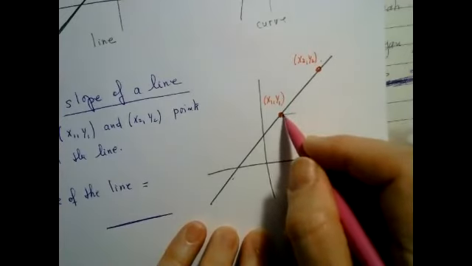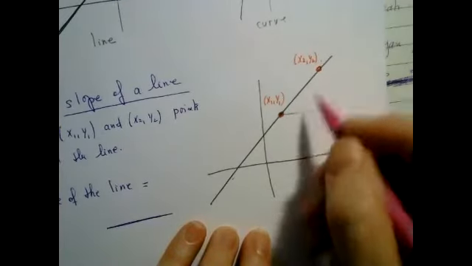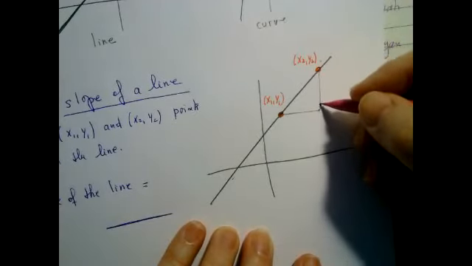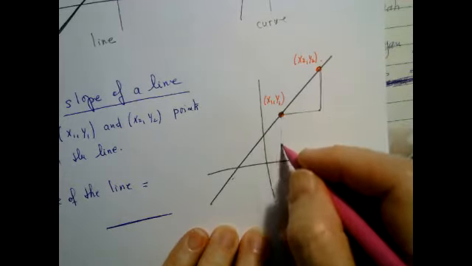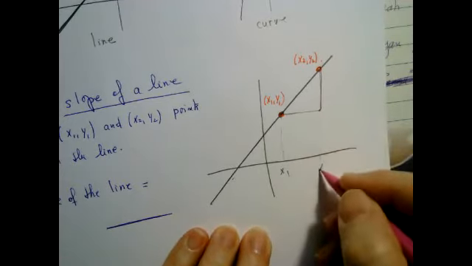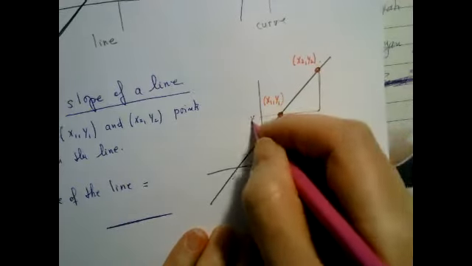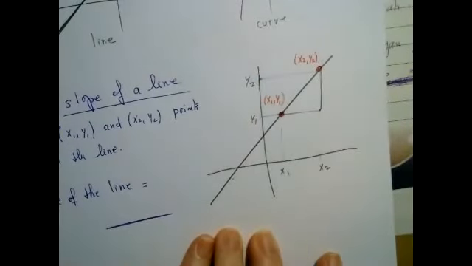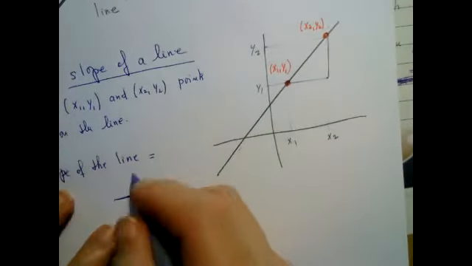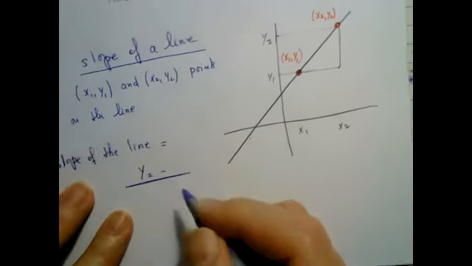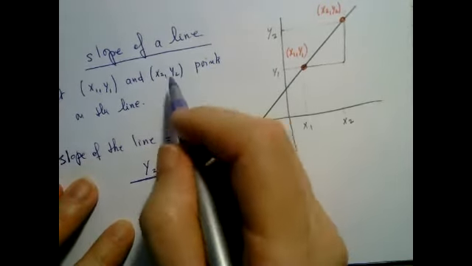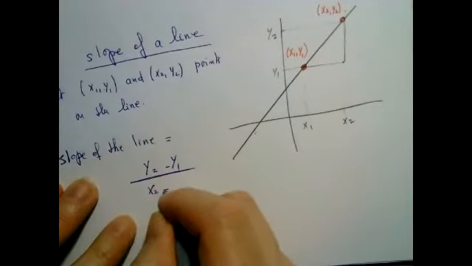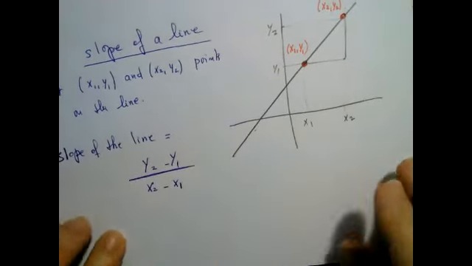Horizontally, we go from x1 to x2, and vertically, y2 minus y1. The slope is equal to y2 minus y1, the change in the y coordinate, divided by x2 minus x1.